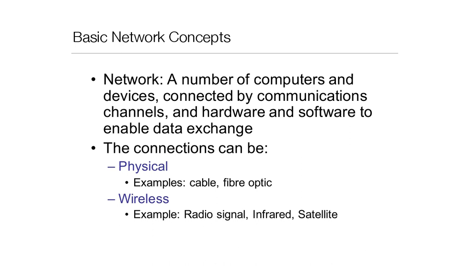And for wireless, it can be radio signals, infrared, satellite, or any kind of wave that can transmit data. So it is very important that we identify the type of connection, physical or wireless. Based on that, we can think about how to make our setup secure.